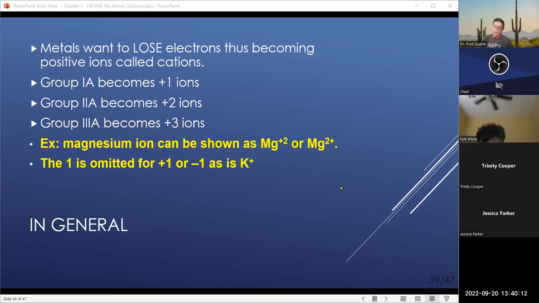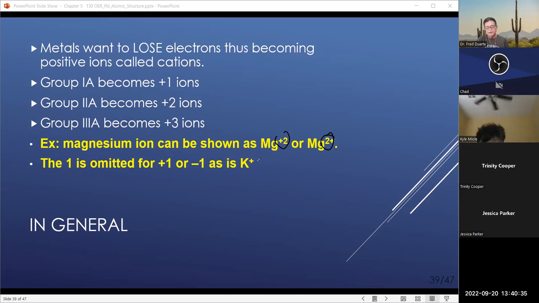And also, when losing those valence electrons, you have their respective charge, +1, +2, +3. Now you can write it either way, either +2 or 2+, it makes no difference how you write it. It's the same thing.